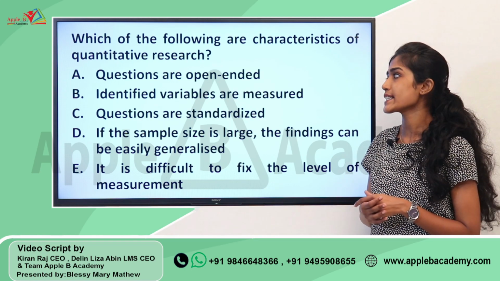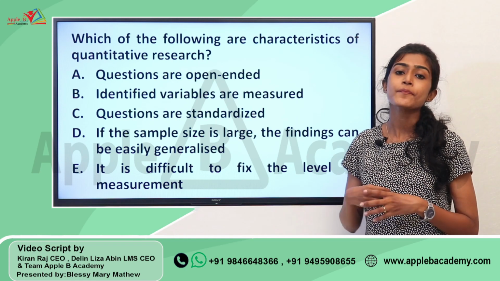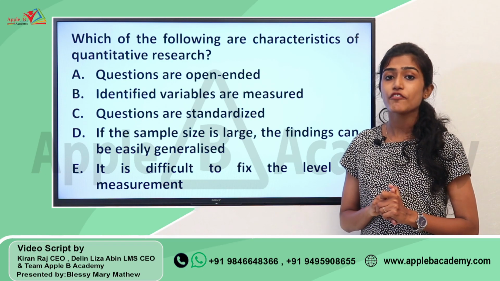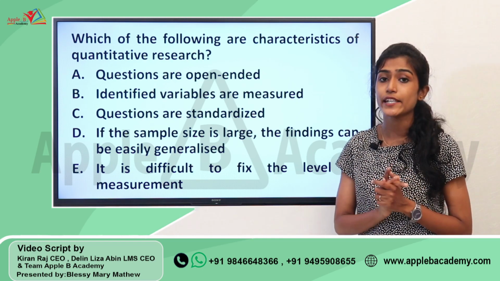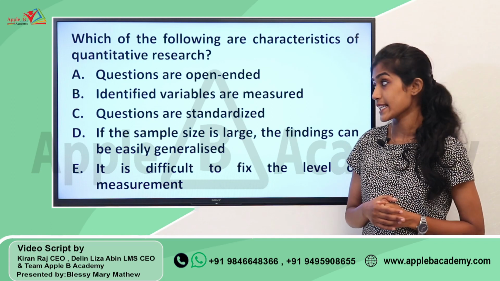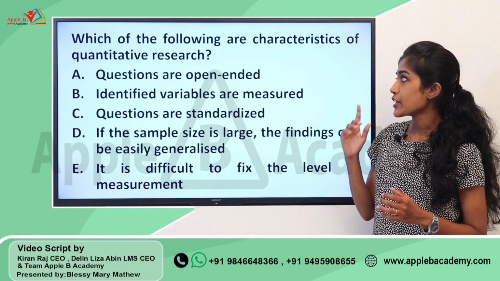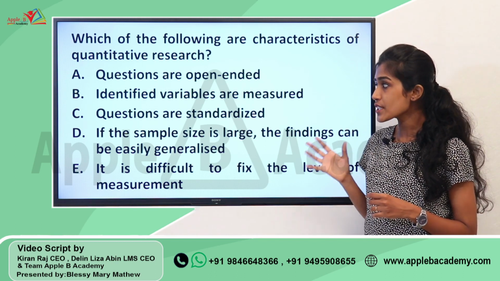That is wrong. In quantitative research, we can easily understand the attributes of the data that we have collected, and it is not that difficult to fix the level of measurement that can be appropriately used for the data that is being collected. So the features of quantitative research have to be identified from these options.